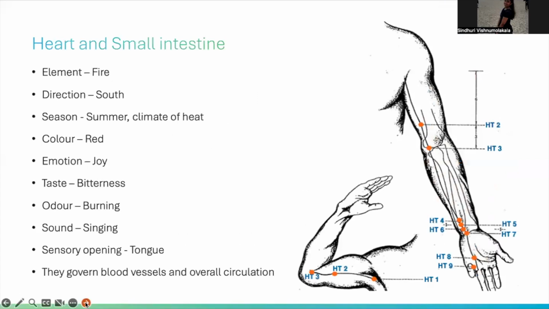And next comes the heart and the small intestine. As we can see again, the heart starts from closer to the chest area and moves down to your fingers in your arm.